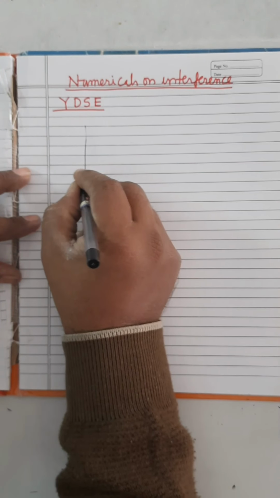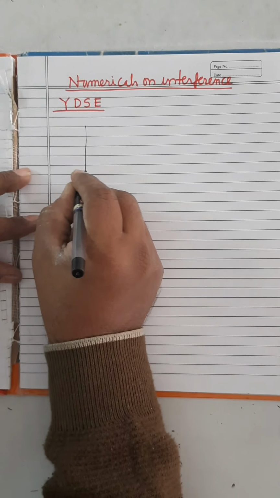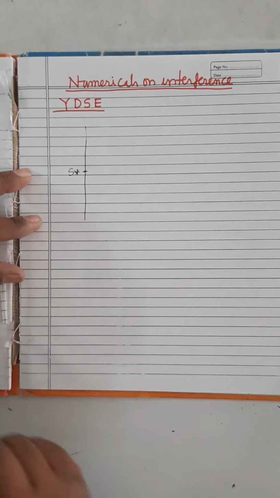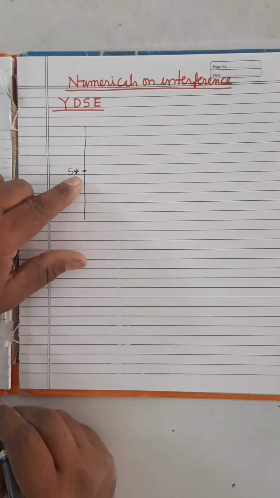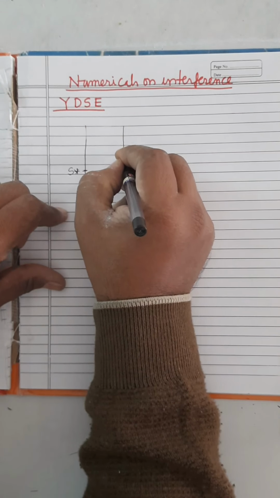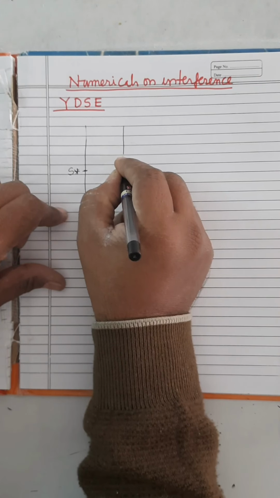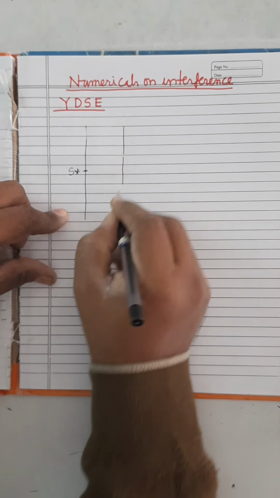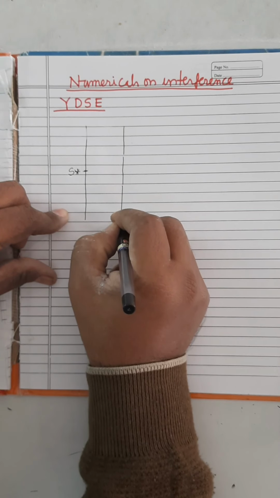One has a hole at the center, illuminated by a monochromatic source of light. Not a hole, it is a rectangular slit. And on the other screen, there are two narrow rectangular slits parallel to each other as well as parallel to the slit S.